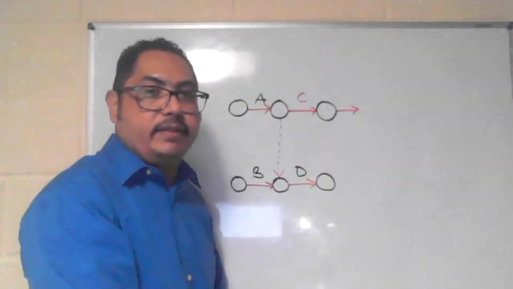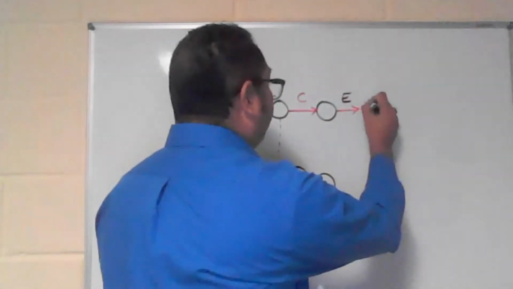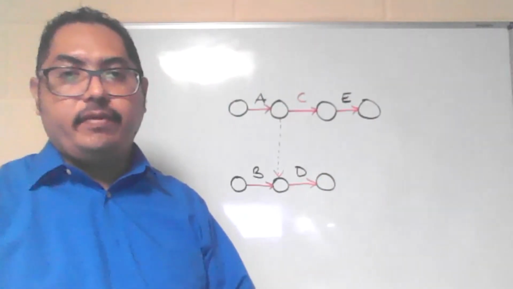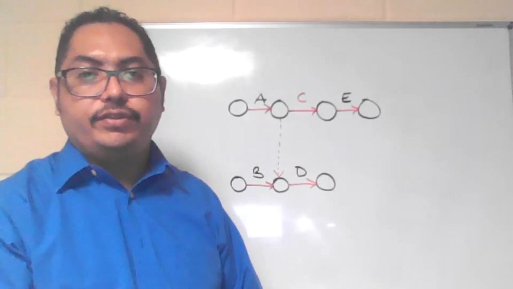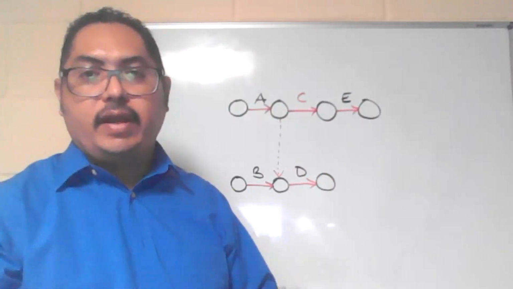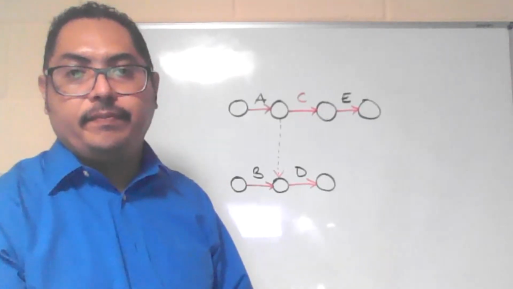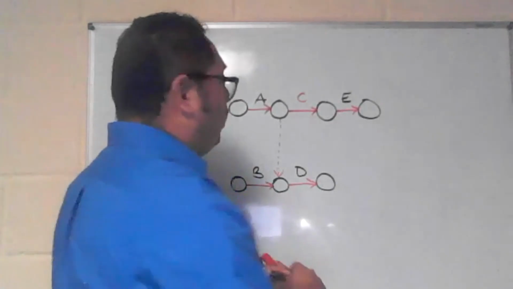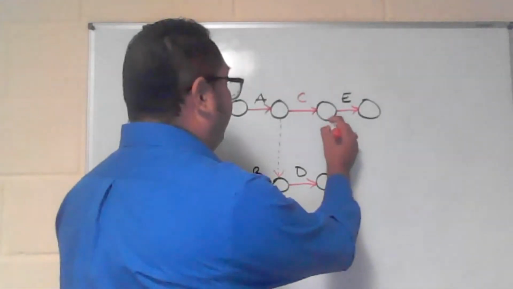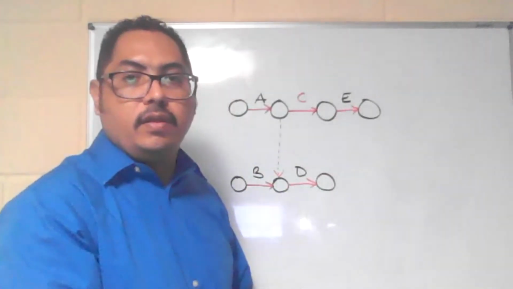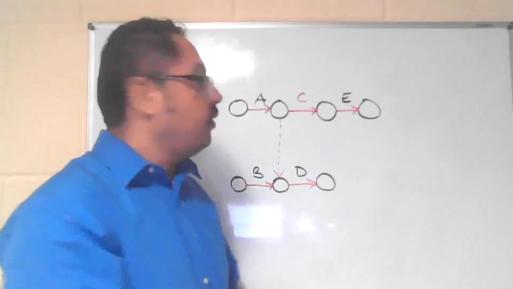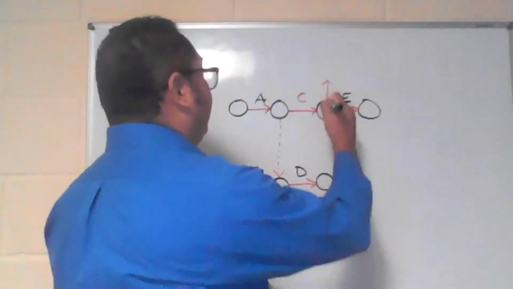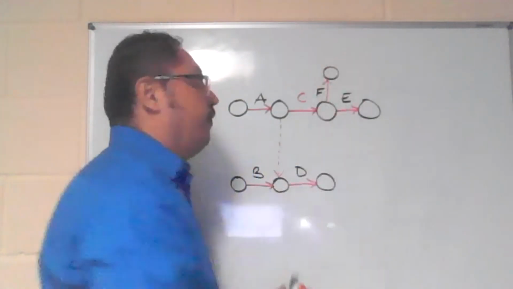This marks the beginning of activity E. And activity F also needs to start after completing activity C. So we can go F. Let's put it here. This would be F.